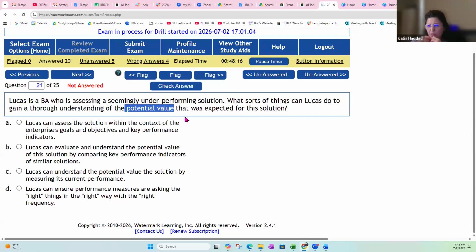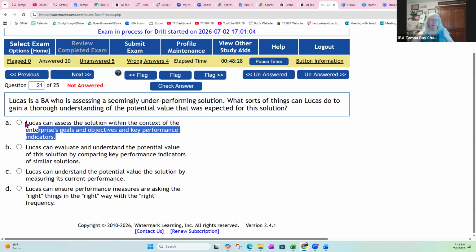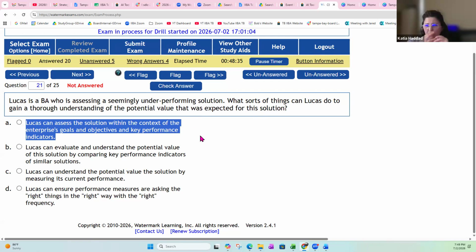Potential value is the cost and the value. So what do we think of A? I think it is A because we have goals and objectives and KPIs.